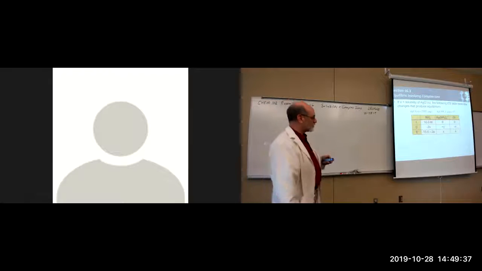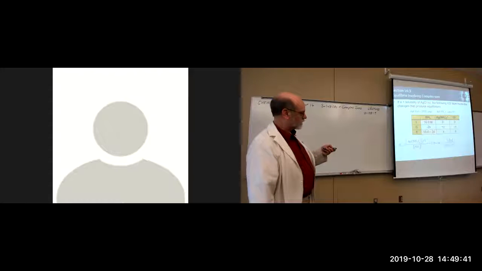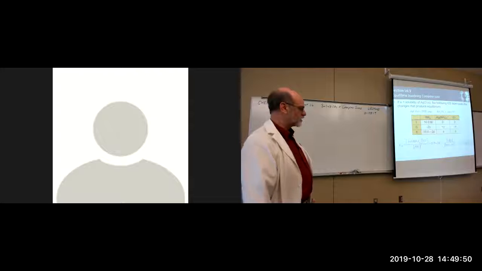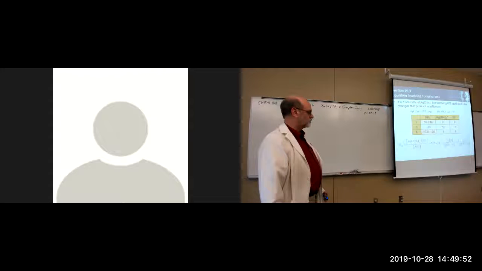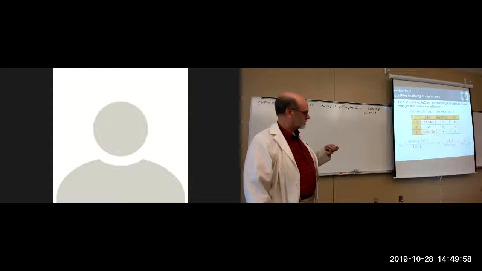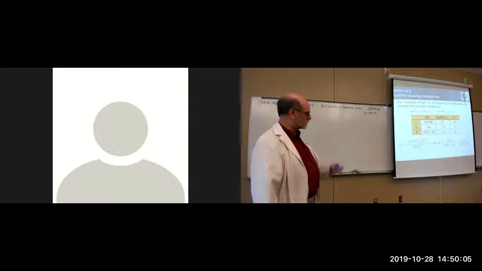We put those into our equilibrium expression here, right? So we have the x and x for these two. We have the 10 minus 2x squared for that value. And then we have to decide, well, x is squared and this is squared, so we can square the entire thing, right? So my guess is that we're going to take the square root of both sides, and that's equal to that expression.